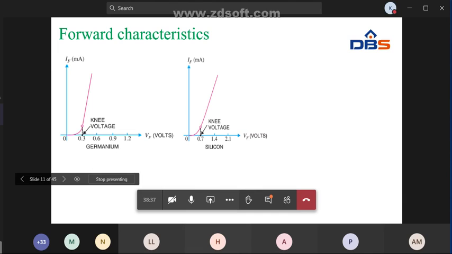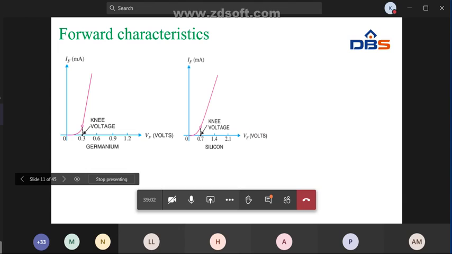We are discussing the forward characteristics. In the germanium diode, the current flows at 0.3 volts, right? This voltage is called the knee voltage. Knee voltage means, in the forward biased condition, the voltage at which the junction breaks and the forward current flows through the diode.